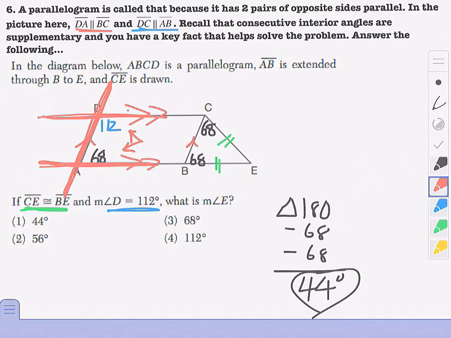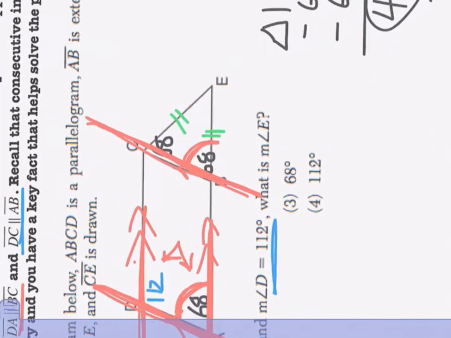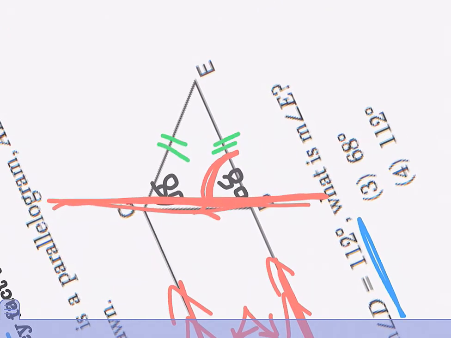I took that angle in red here at 68 degrees, knew that these lines would be parallel to each other, and found this angle here to also be 68. Those are your corresponding angles. Then twisting the picture, realizing that I'm in an isosceles triangle.